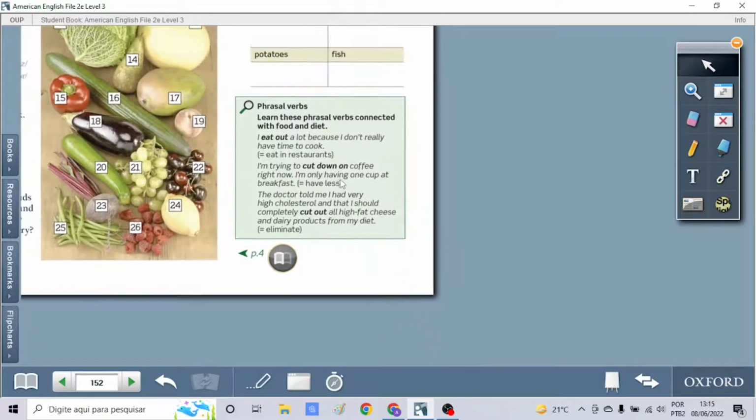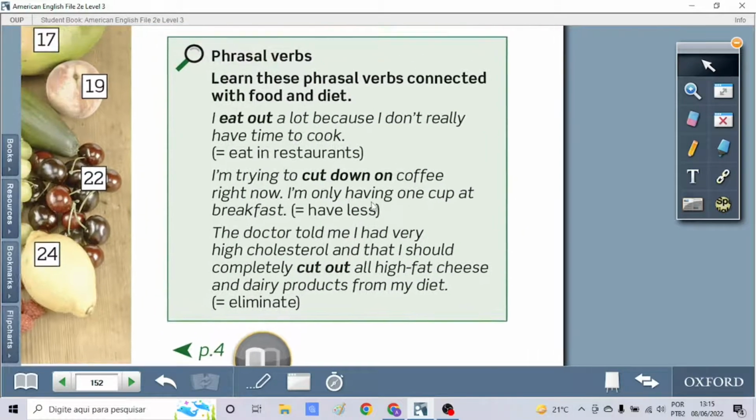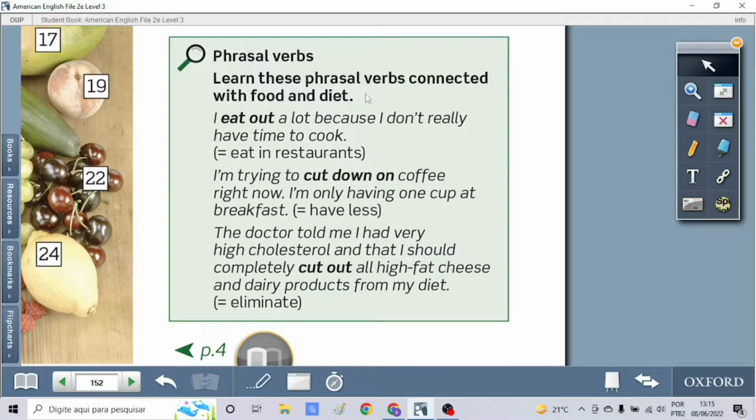Now, attention, phrasal verbs. Learn these phrasal verbs connected with food and diet. I eat out a lot because I don't really have time to cook. You say I eat out when you mean eat in restaurants.